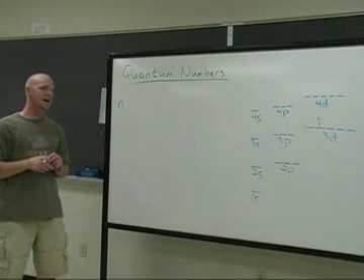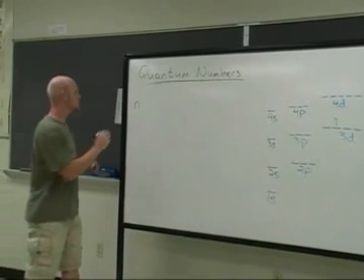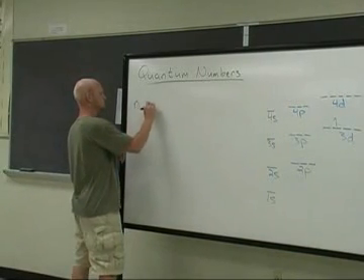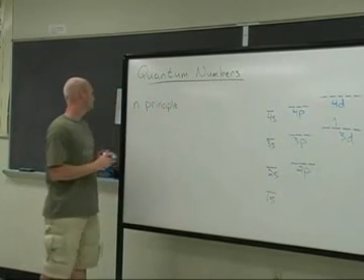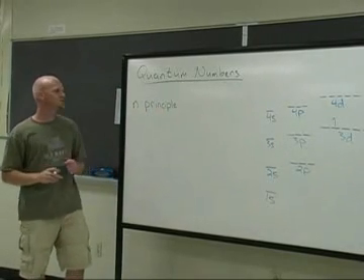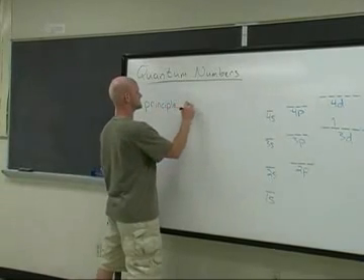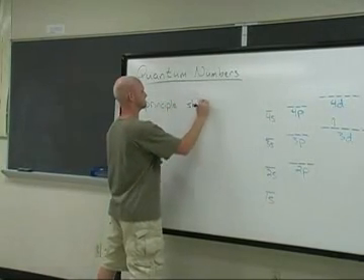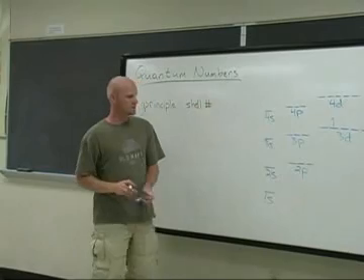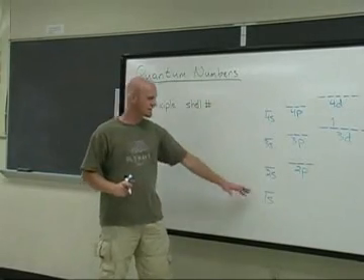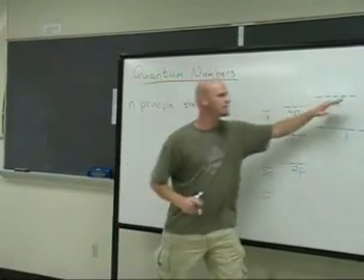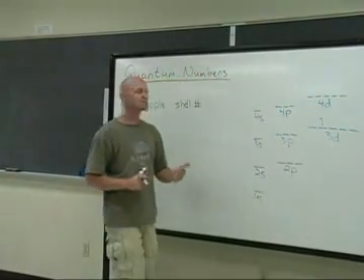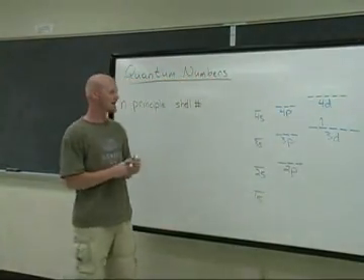The first quantum number is n, the principal quantum number, and it gives us the shell number. Those are delineated by 1, 2, 3, 4. It just tells us what shell of electrons we're in.